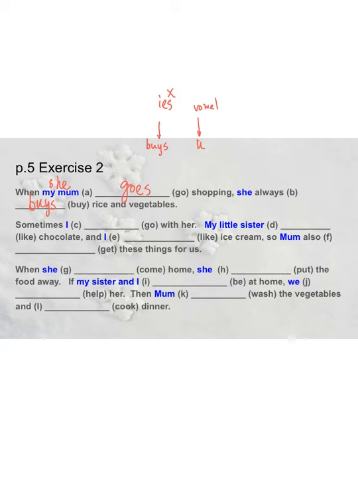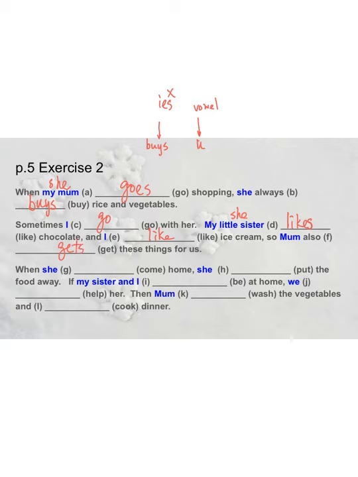And c, sometimes I go with her. My little sister, that is she, likes chocolate and I like ice cream. So mom also gets these things for us.